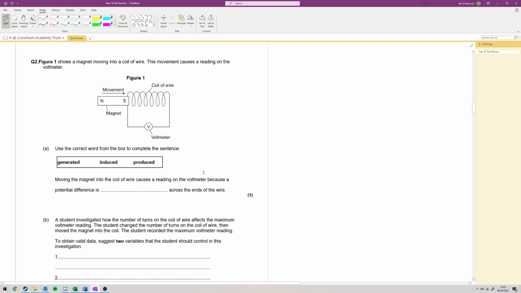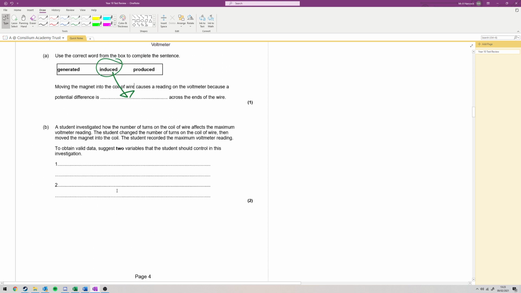Question 2. Again, moving a magnet into the coil of wire causes a reading on the voltmeter because a potential difference is induced across the ends of the wire. So a student investigated how the number of turns of coils of wire affected the maximum voltmeter reading. Suggest 2 variables the student should control.